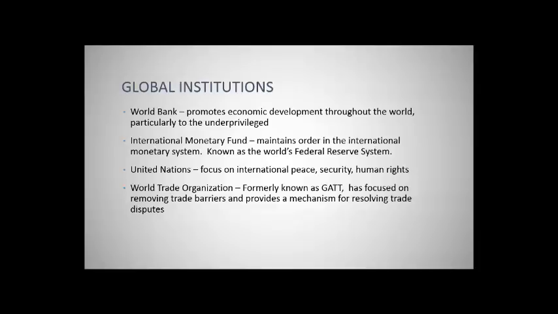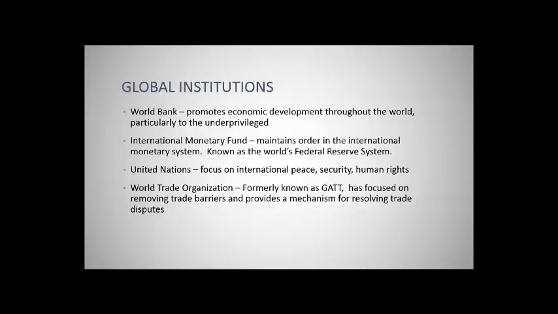Besides the World Bank, there are several other global institutions that affect world trade. The International Monetary Fund is similar to the Federal Reserve System within the United States, except that it functions for the world and it's a little less well organized.